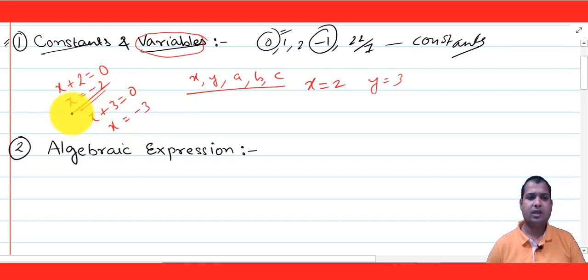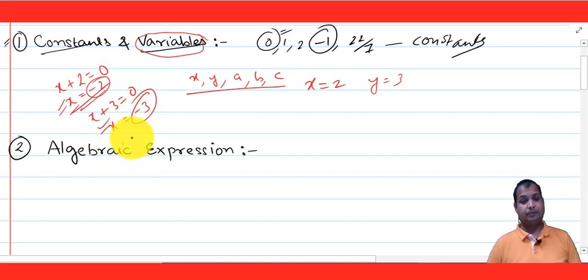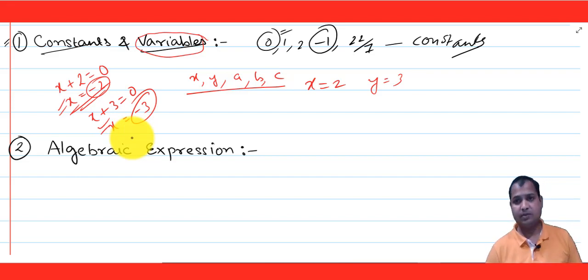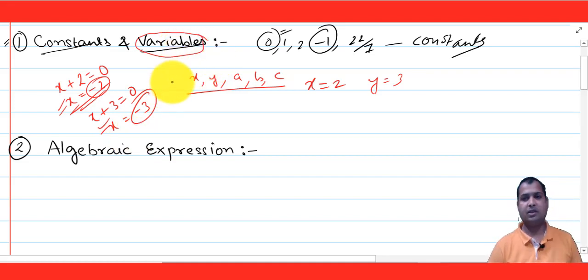So variables are symbols, okay, which can be assigned any value. Like in this case, it was assigned -2. Here it was assigned -3, okay. So constants means fixed values, variables means symbols which can be assigned any value, okay.